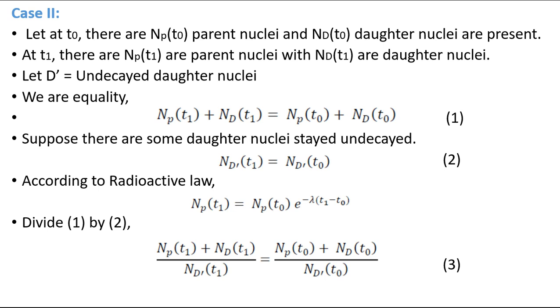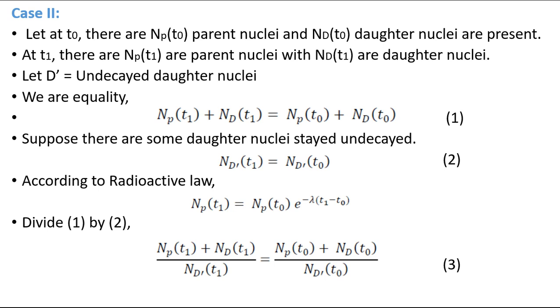The second is the case when daughter nuclei are also present at the initial time t0. You can see in equation number 1 that we have now added Nd(t0), which was missing in case 1, meaning the number of daughter nuclei at time t0. So at time t0 we have both parent and daughter nuclei, and these are equal to Np(t1) plus Nd(t1).